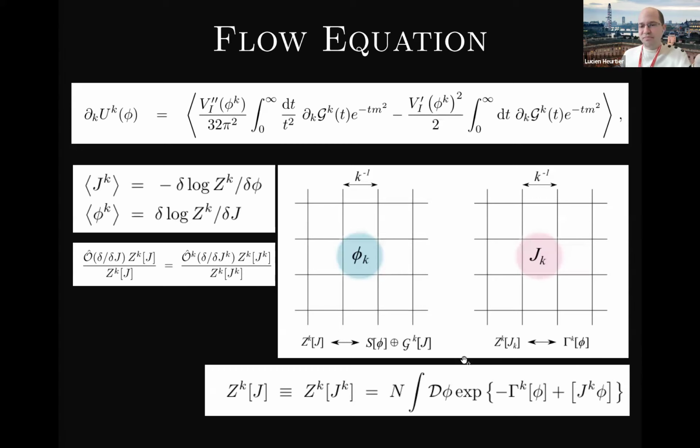And so in the end, what you can do is define interactions at scale k, using this effective action at scale k as a starting point, and then figure out what your flow equation is at that scale.